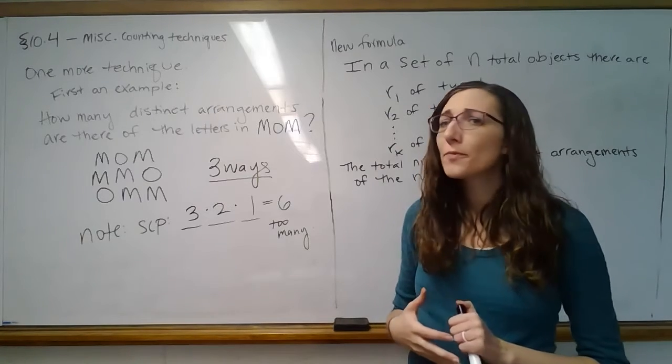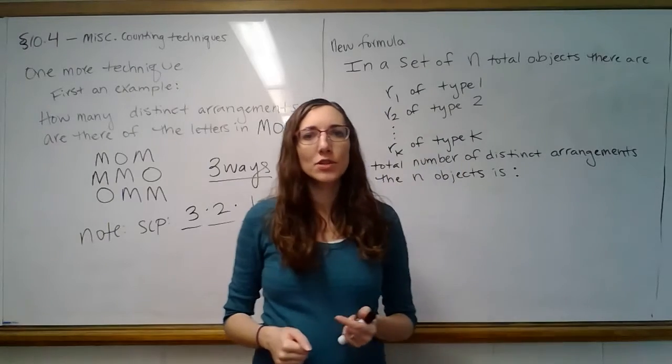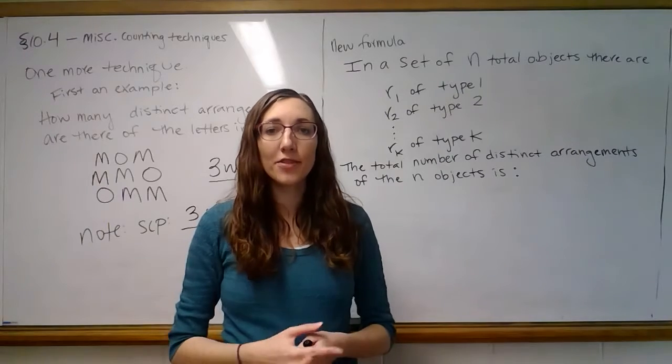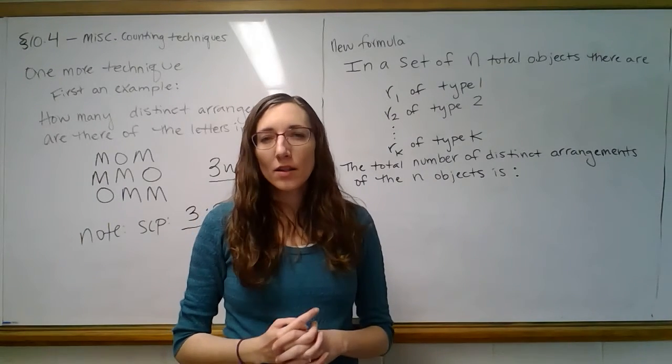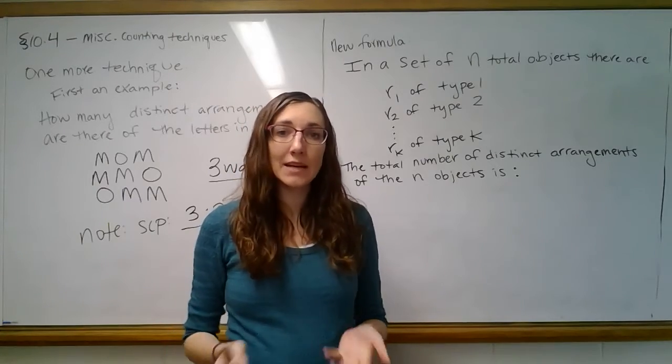So this new scenario that we're in is we're talking about how do we arrange a set of things where not all of the things are distinct, where some of the things are identical.